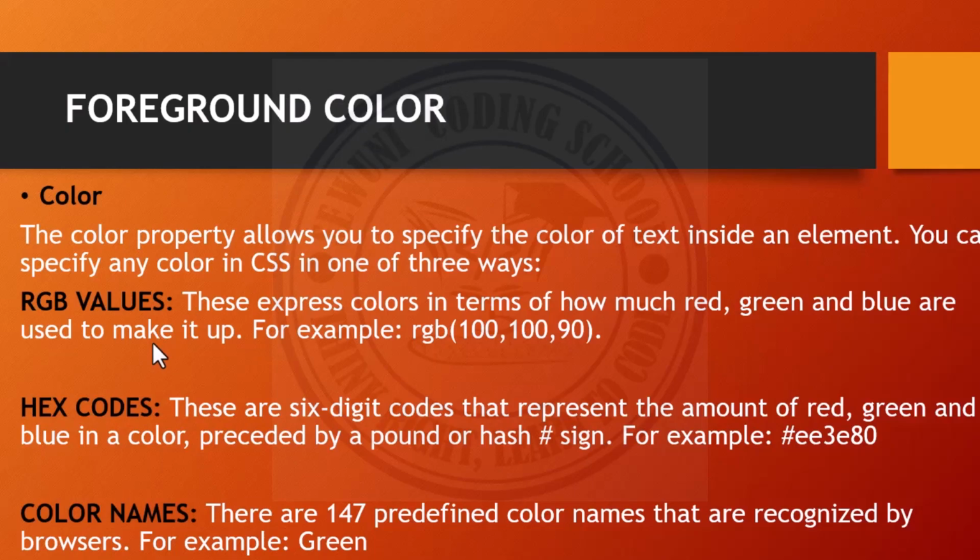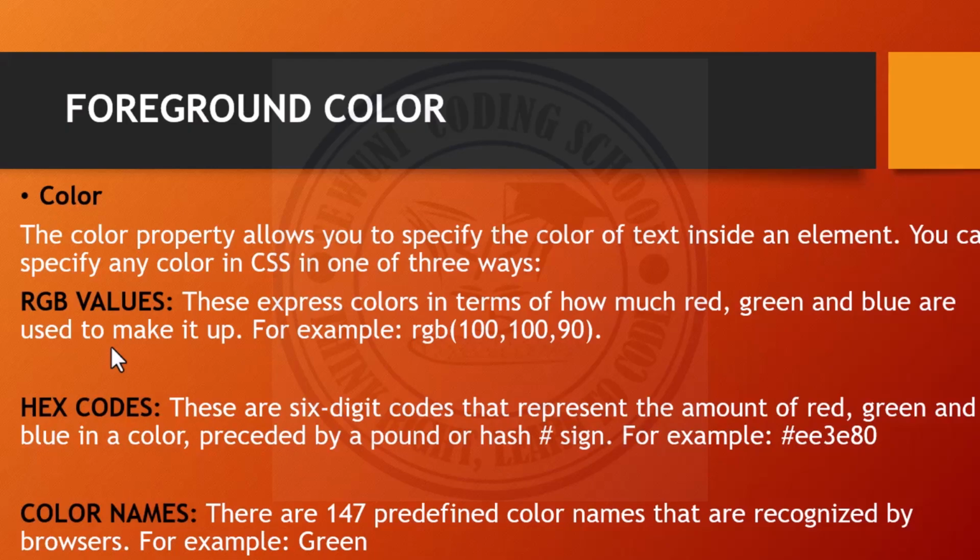There are 3 different ways color can be specified. One is RGB. I told you RGB stands for red, green, and blue. Color experts explain that almost every color can be formed by using an amount of red, an amount of green, and an amount of blue put together.